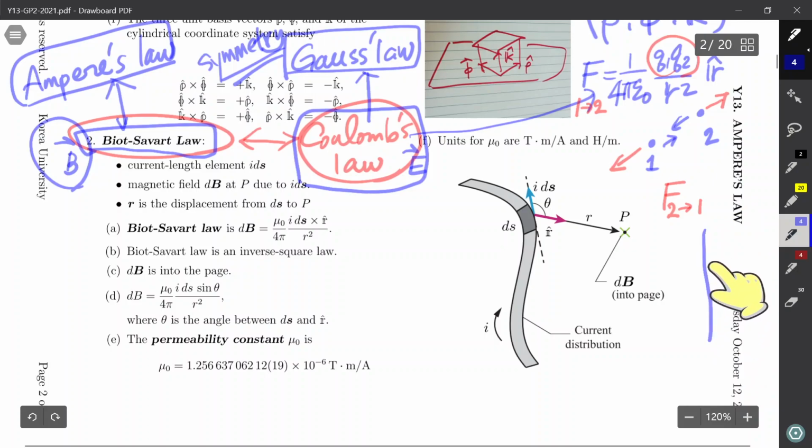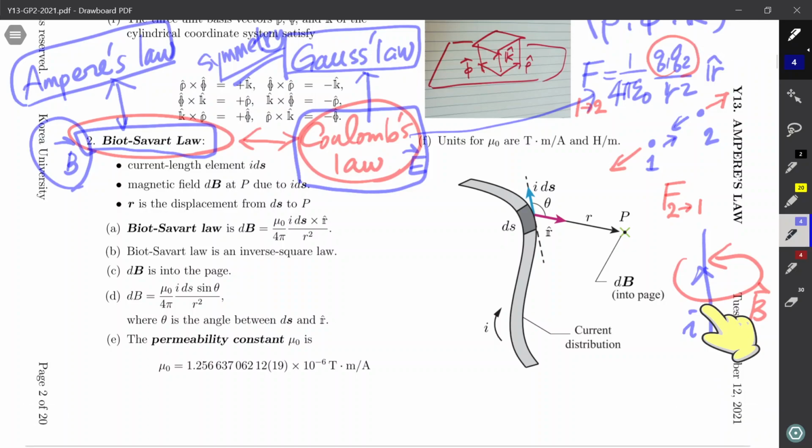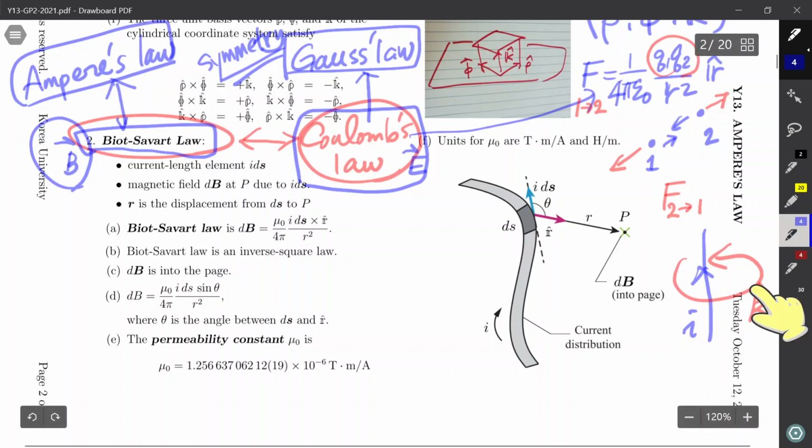if there is a straight current, the magnetic field surrounds it. This is the magnetic field, and this is current I. But Biot-Savart law is for the case of general current, that doesn't have to be straight.